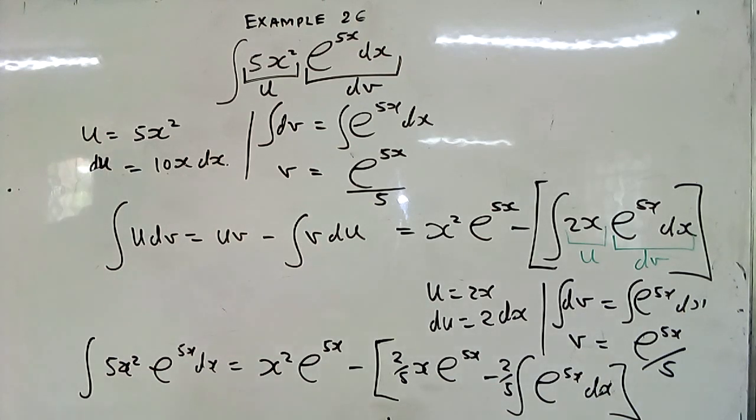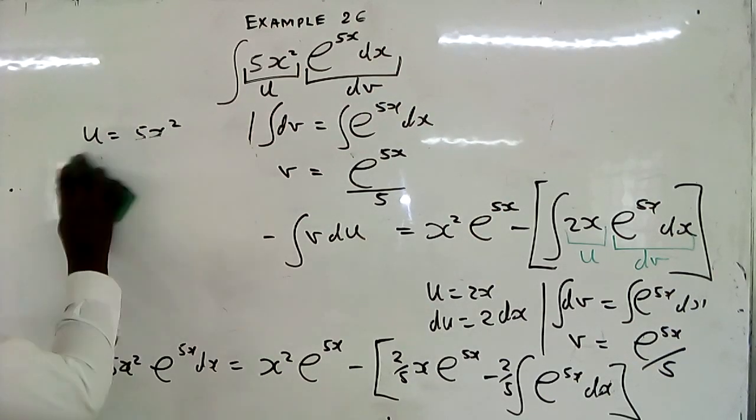So which part is remaining? There is still an integral here, meaning we have to integrate that, isn't it? Before we integrate that, we have to open this bracket. Let us open it up here.